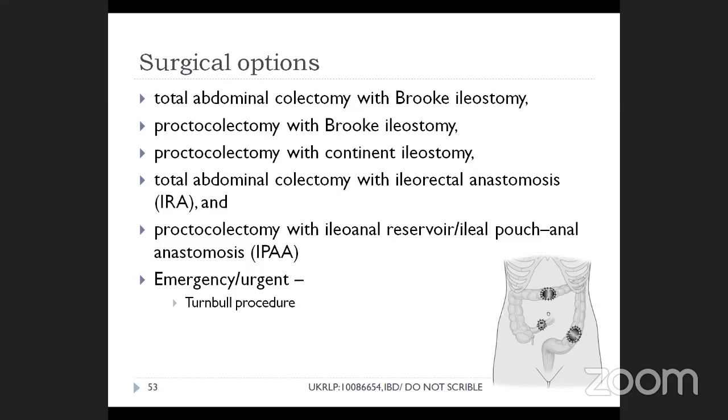The rectum is kept for the purpose of anastomosis and avoiding a stoma. And proctocolectomy with ileoanal reservoir, or ileal pouch anal anastomosis. I'll say about this procedure in the next few slides.